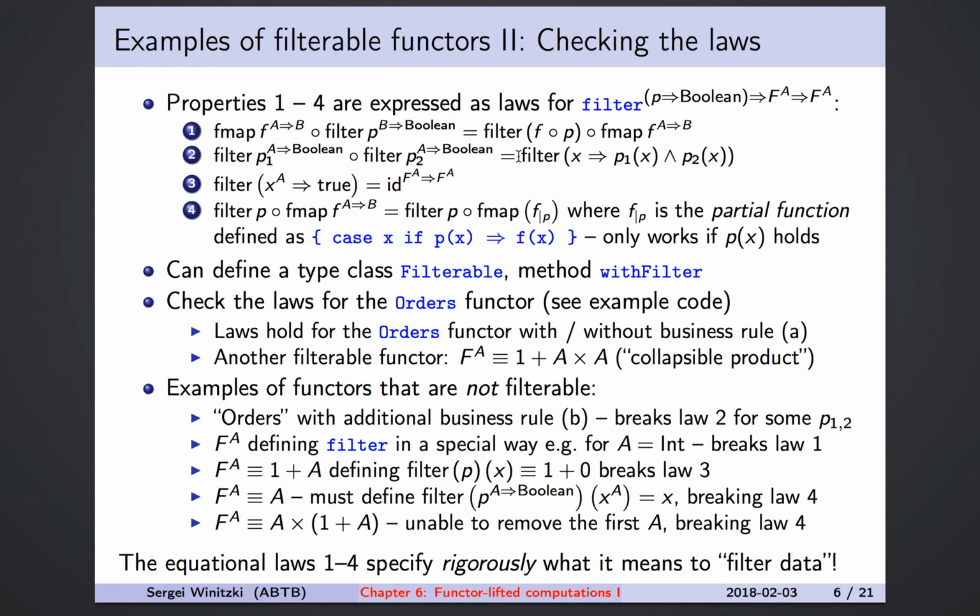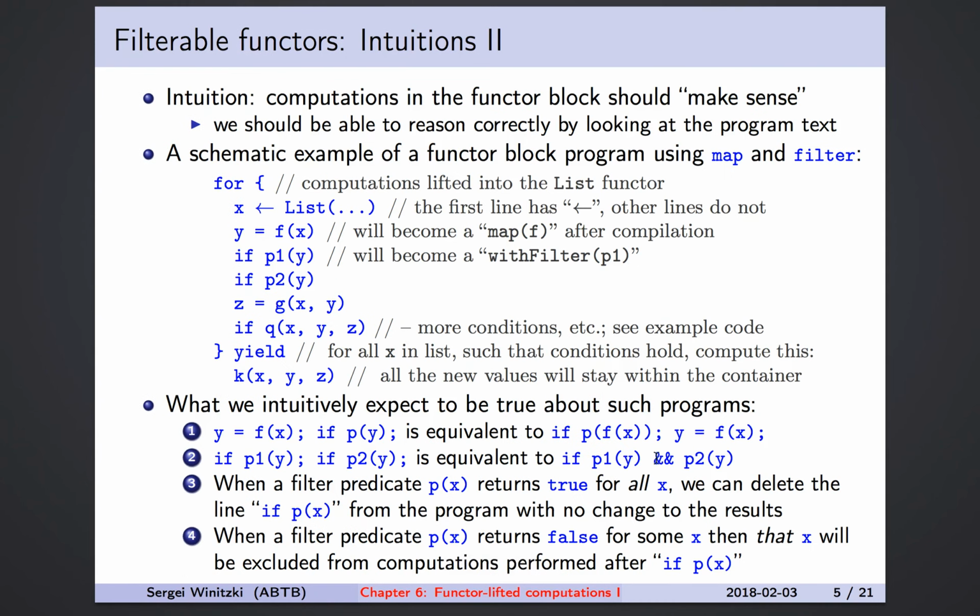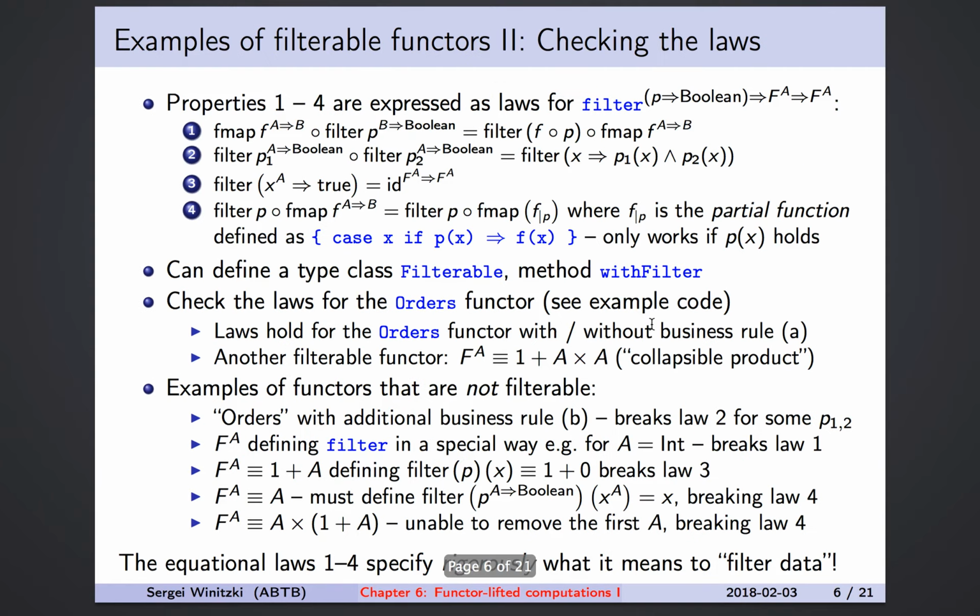And they must be equivalent to a filter transformation, again fa to fa, when the predicate is equal to the conjunction of these two predicates. So I have written down the mathematical conjunction, but of course in Scala code it will be just the double ampersand Boolean conjunction. So that's the second law.